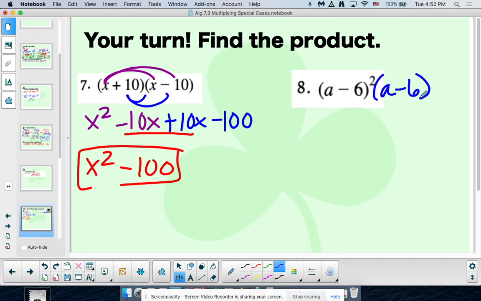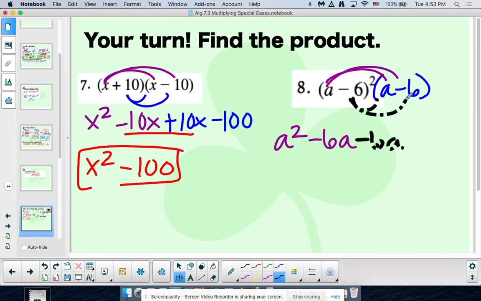I know that really means to multiply by itself. A times a is a squared. A times negative 6 is negative 6a. Negative 6 times a is negative 6a. Negative 6 times negative 6 is negative 36. Oh boy, what font did I choose? Okay, our a squared is going to drop down, and these are going to combine.